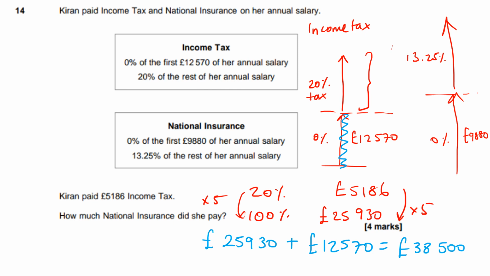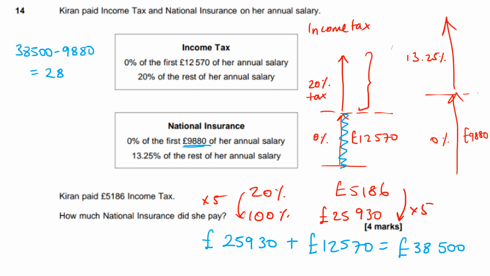So from this, we can find out how much national insurance they paid. What we know is that they don't pay anything up to 9,880. That would mean 38,500 take away 9,880 is going to be the amount that's left for them that they will pay tax for.